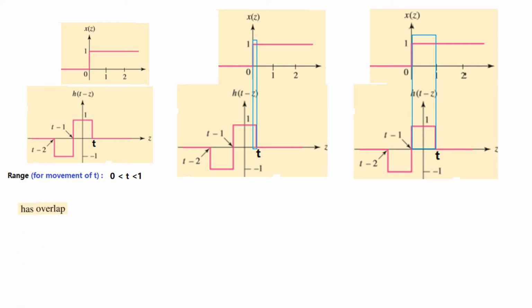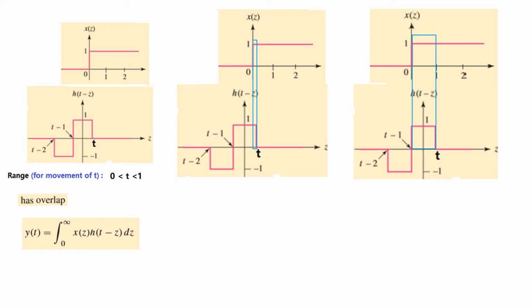Now let's find out. Okay, they have overlap, yes. Now we know this is the formula for the integration, 0 to infinity x(τ)h(t-τ)dτ. Now what is the range of t here? We have to change this value. Let's see from the first one.